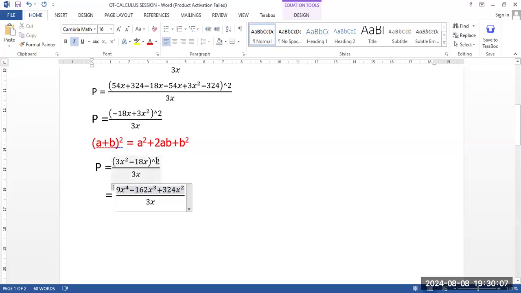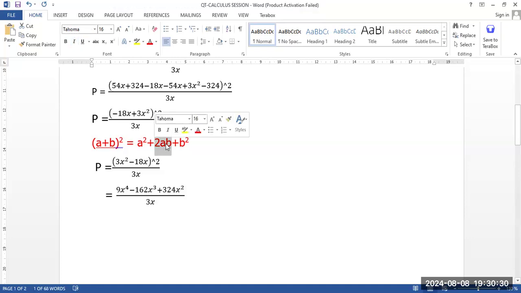Okay? Then the next is to get our power 2. Then we multiply by 3 times negative 18. You will get negative 162. After that, you get x squared times x, and it will give you x power 3. And you're done with this one. Then lastly, what is your b? Our b is negative 18x.